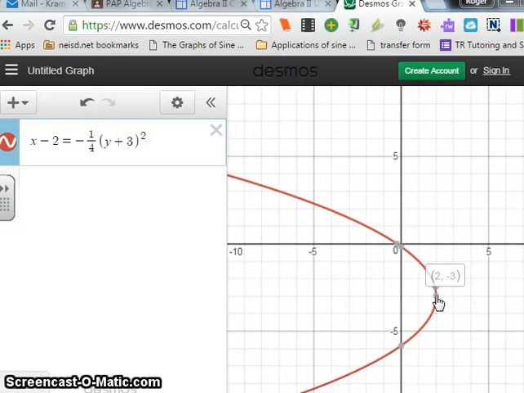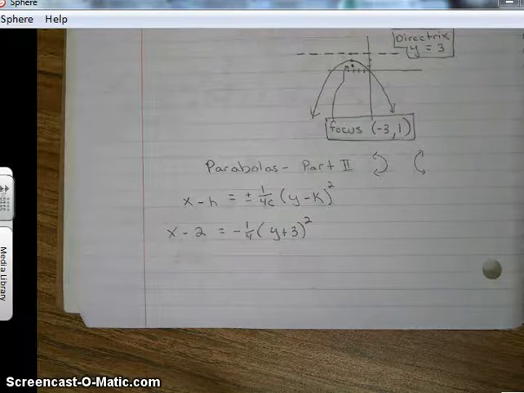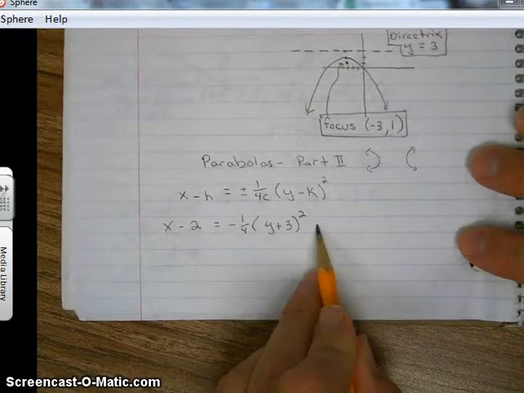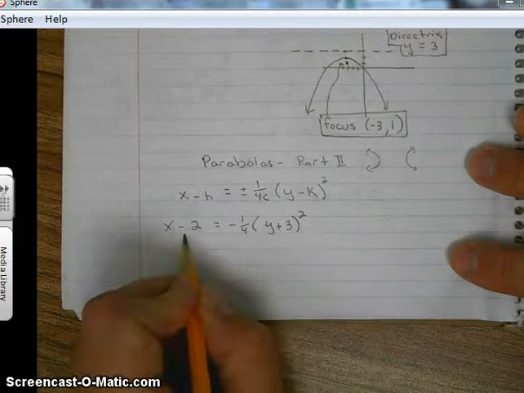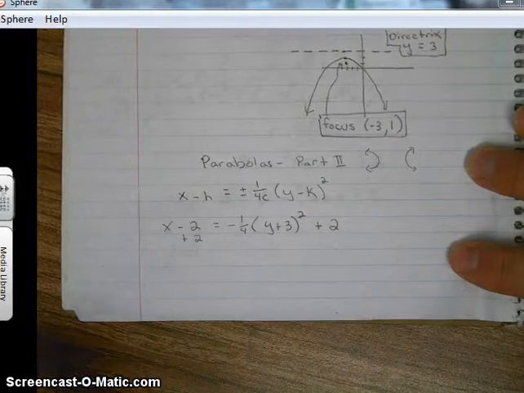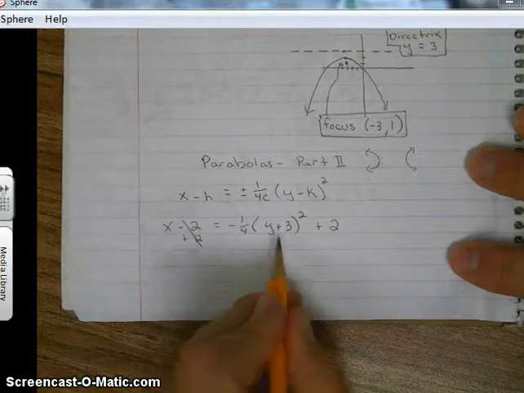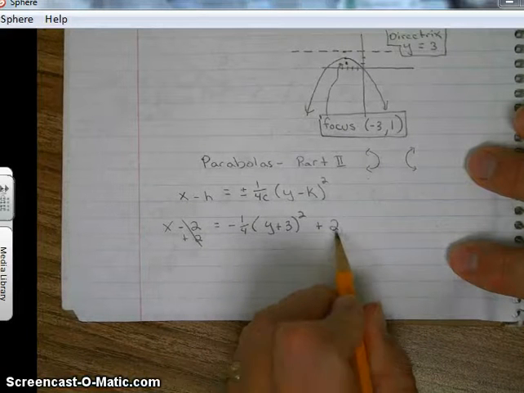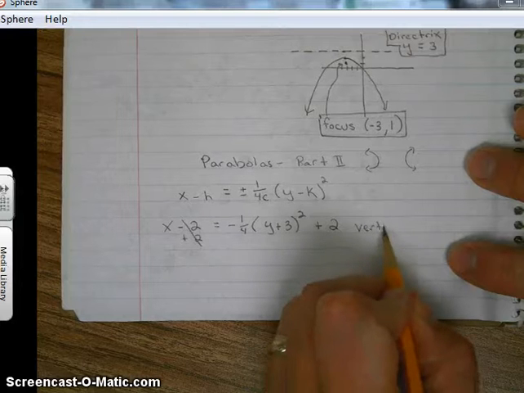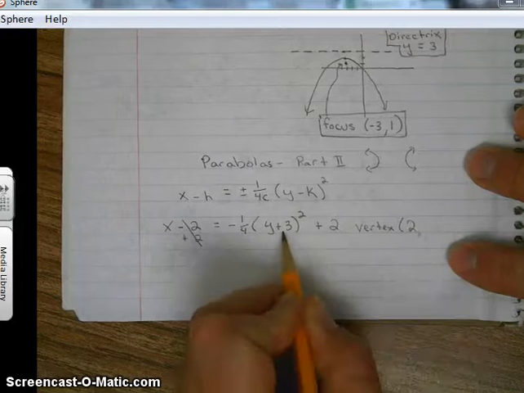So just like before, when going to vertex form, if we move this minus 2 over here, it becomes plus 2. So we have a vertex of 2, comma, negative 3.